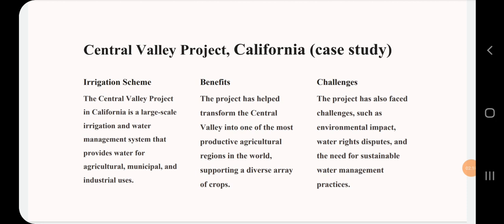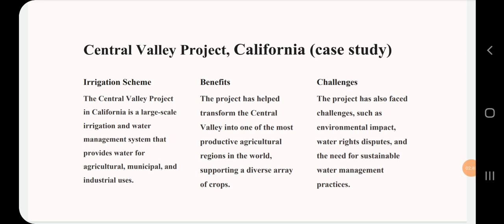Central Valley Project, California case study. The irrigation scheme. The Central Valley Project in California is a large-scale irrigation and water management system that provides water for agriculture, municipal, and industrial uses. The benefits.